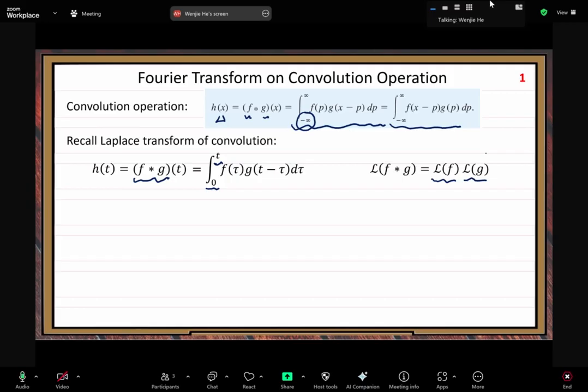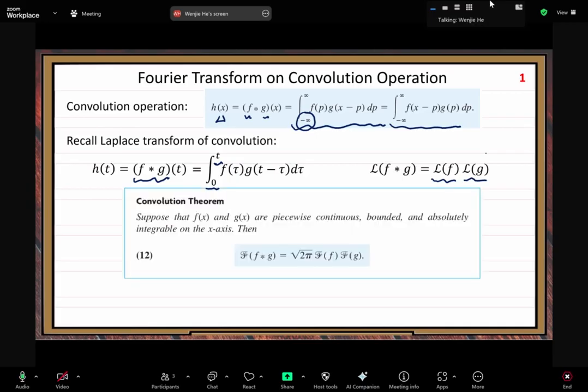But the way to define the integral transform is slightly different. If we do the convolution, the property should be similar. So let's look at the convolution theorem.